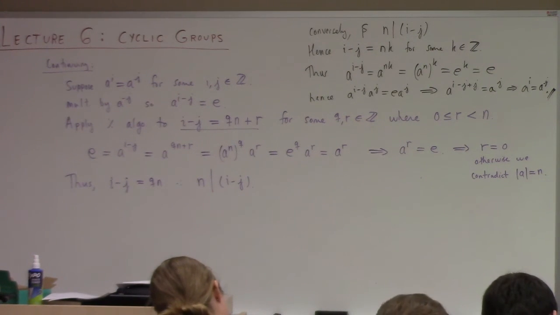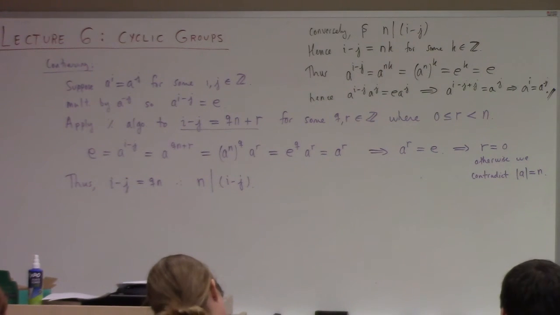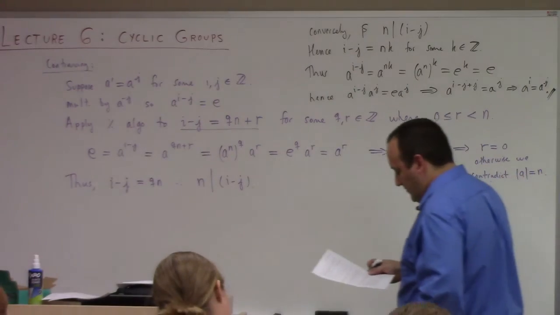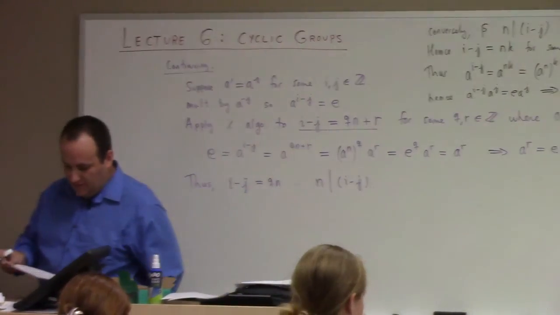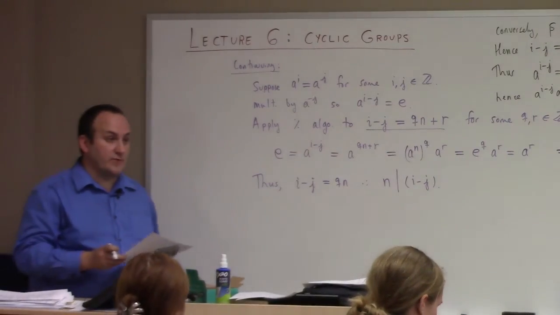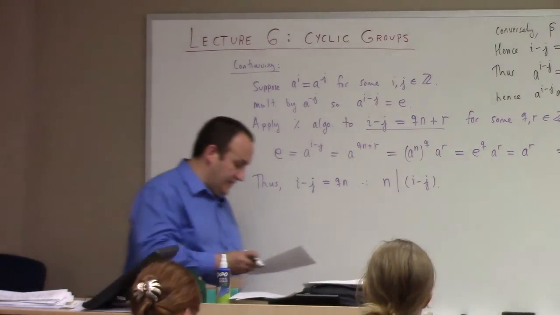Really just laws of exponents and what it means for the order to be n. The proof I just gave is pretty similar to one that's given in Gallian for theorem 4.1. The key really is just applying the division algorithm appropriately and keeping track of what you have to prove.